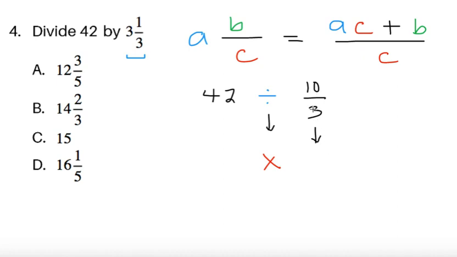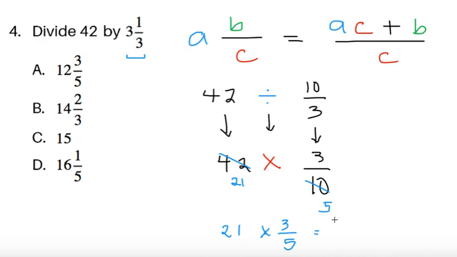Reciprocal meaning we switch the numerator and the denominator. So 10/3 becomes 3/10, and just bring down the 42 since nothing is changed for 42. Then we can use cancellation. They both have a common factor of 2, so this becomes 5 and this becomes 21. So we're asked to get 21 times 3 over 5.